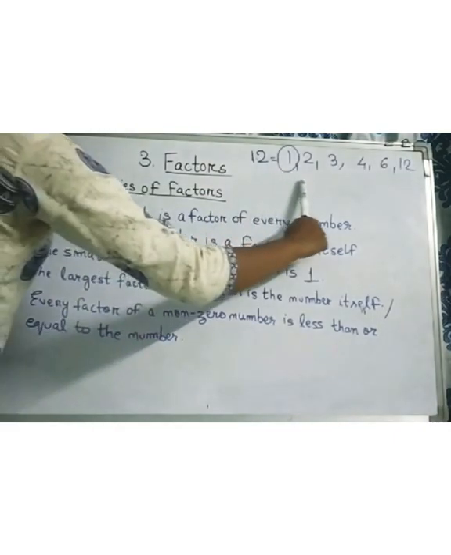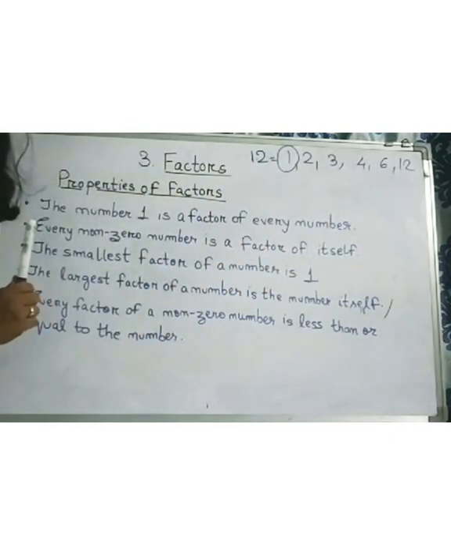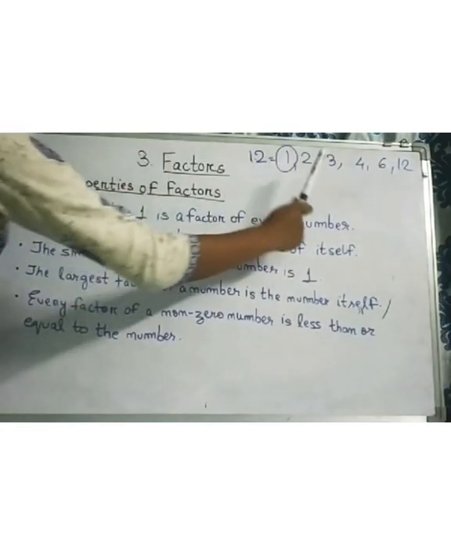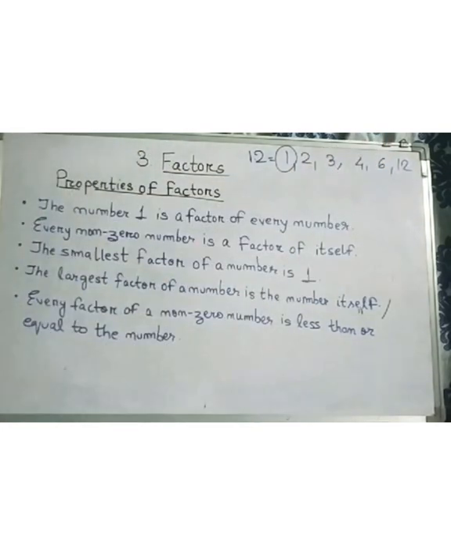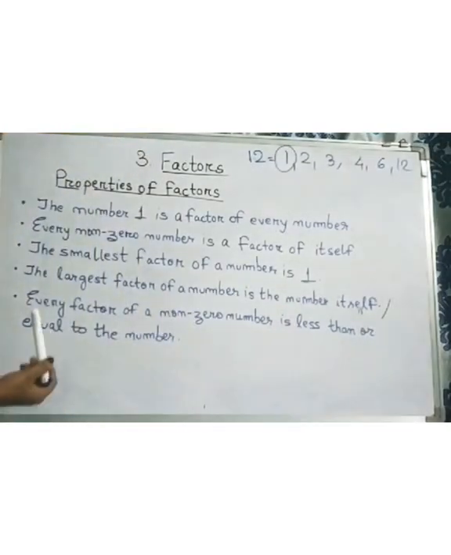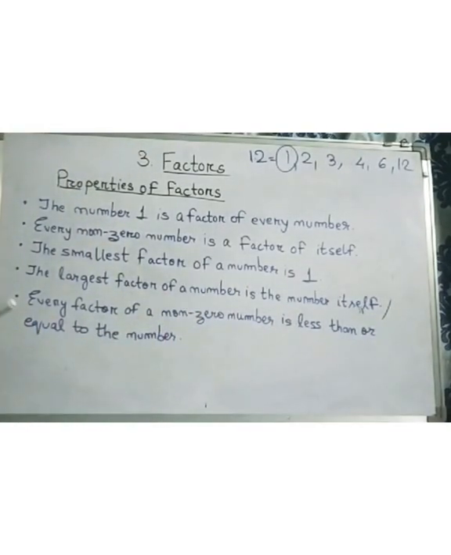Can you find any factor which is greater than 12? No. That means whatever factor you get of any number, it will be less than the number or equal to the number. So every factor of a non-zero number is less than or equal to the number.